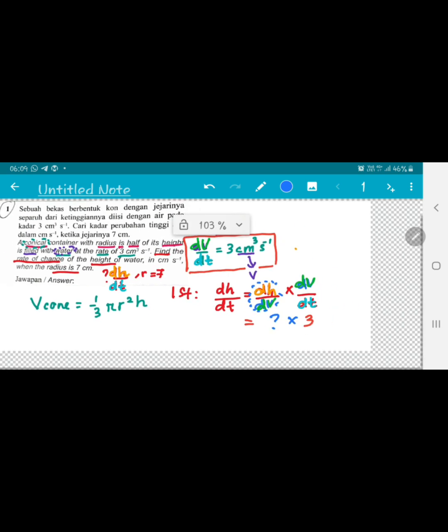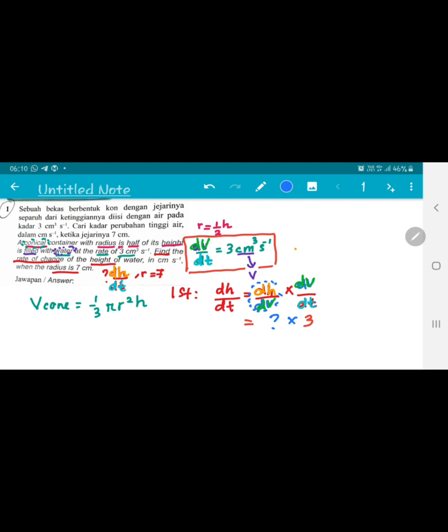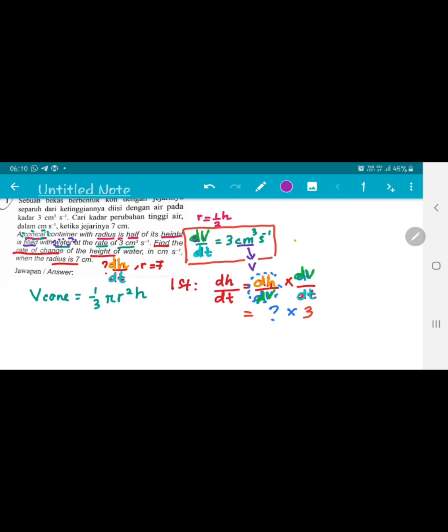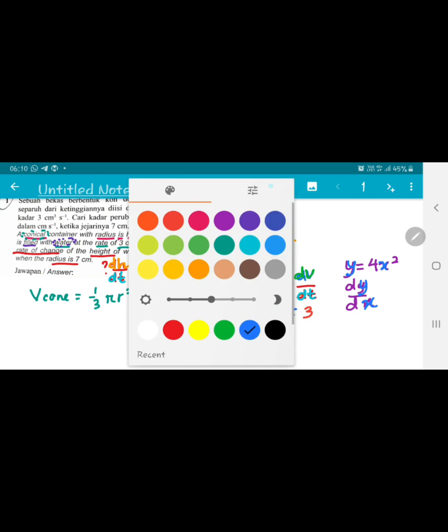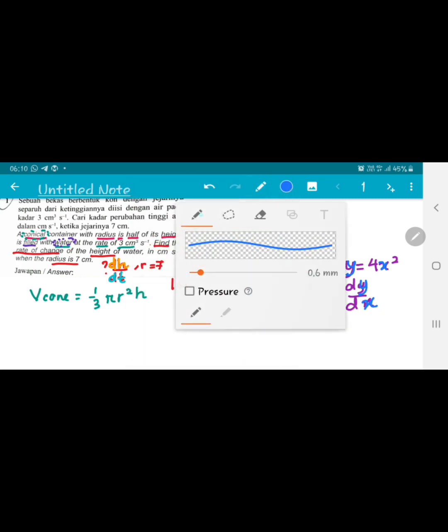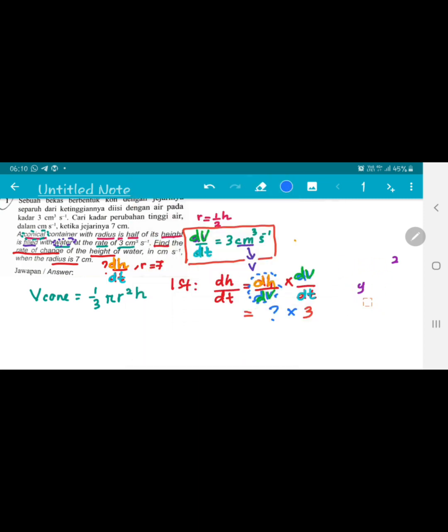You kena cari the value of dH/dV. So how to find dH/dV? We have learned, if you have y in terms of x, let's say 4x squared, we find dy/dx, because y is in terms of x.